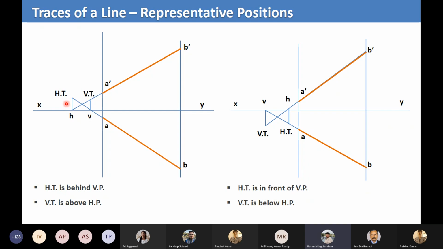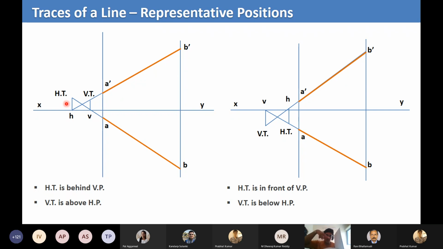HT is behind VP. So what does that mean? I'll just show you. So this is the XY plane. You have a line like this.